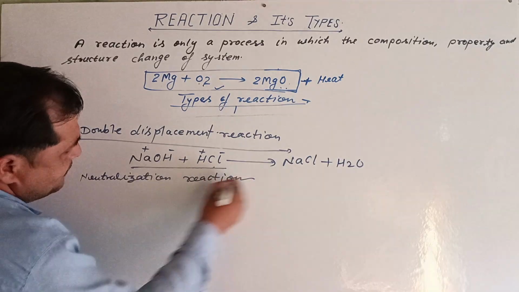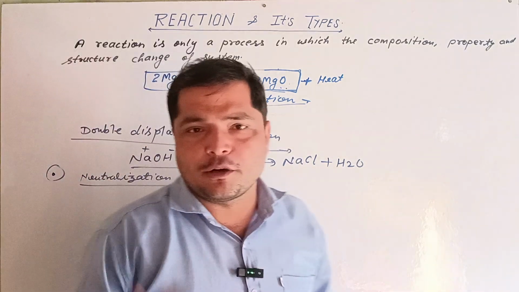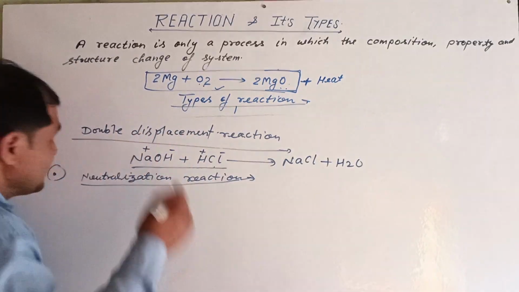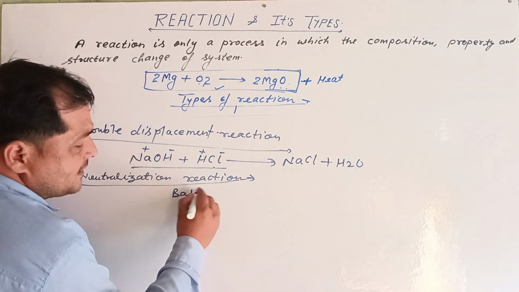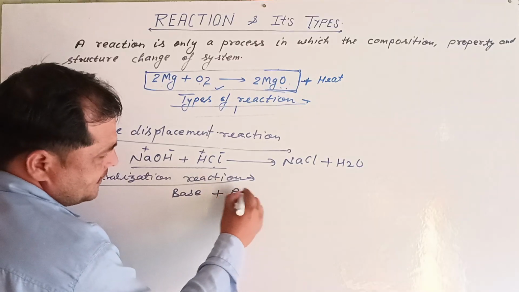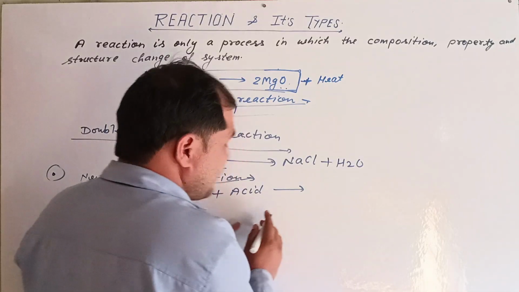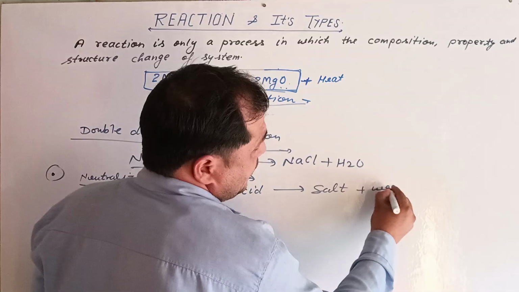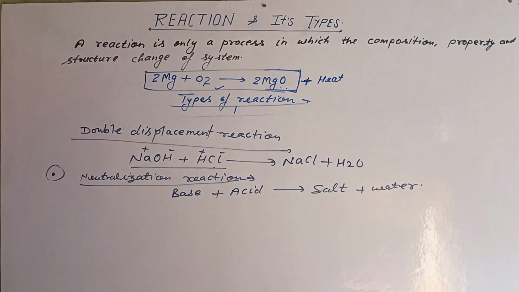It is also a type of reaction. You can define it this way: in a neutralization reaction, when a base and an acid react with each other, they produce their product in the form of salt plus water. This type of reaction is known as neutralization reaction.